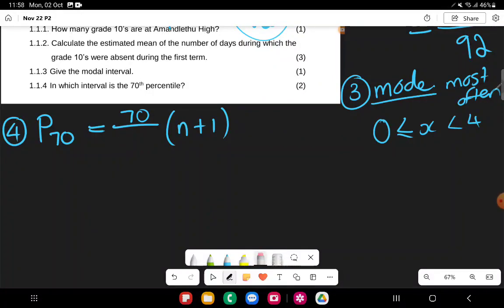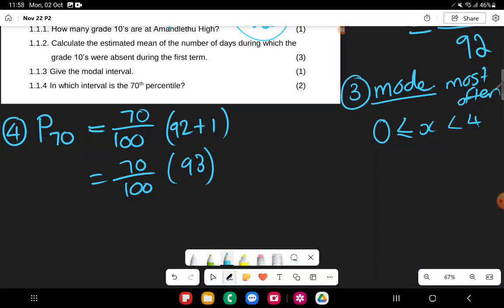It's 70 over 100 multiplied by 92 plus 1. That means it is 70 over 100 multiplied by 93. So that gives us 65,1.